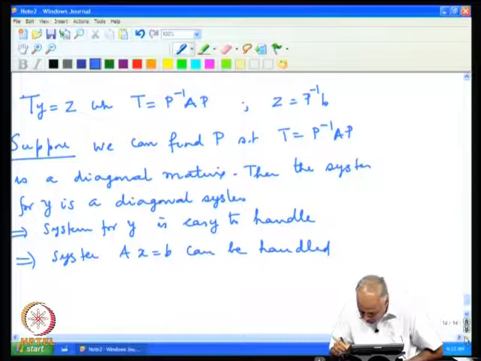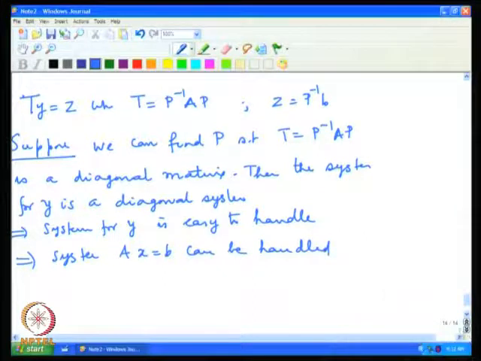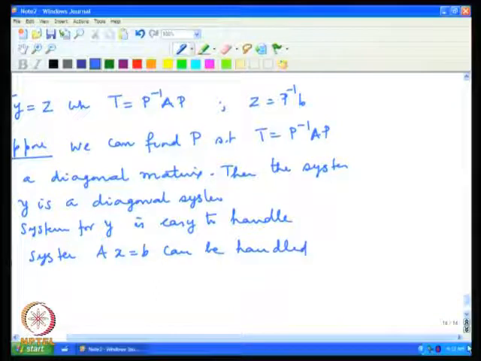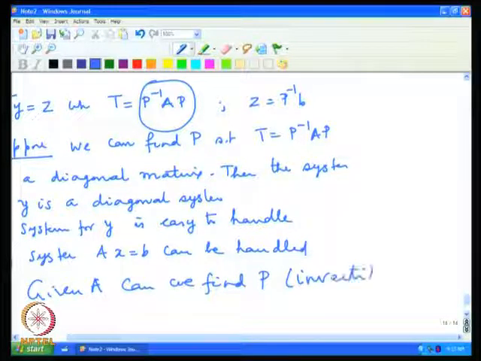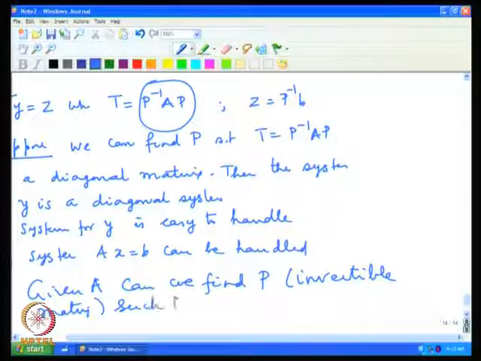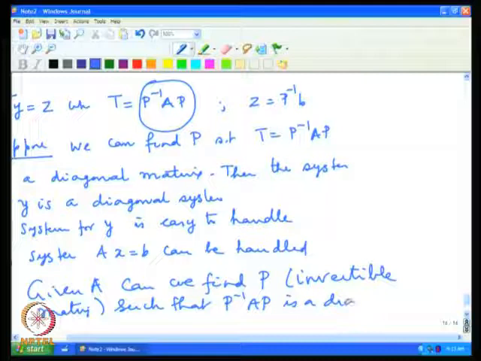So, given a matrix A, can we make the matrix into a diagonal matrix by a transformation of the form P inverse A P? So, given A, can we find P, an invertible matrix, such that P inverse A P is a diagonal matrix?